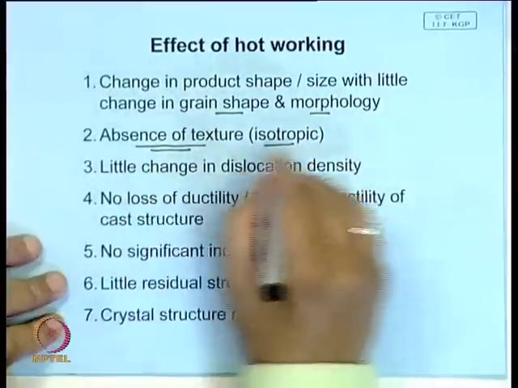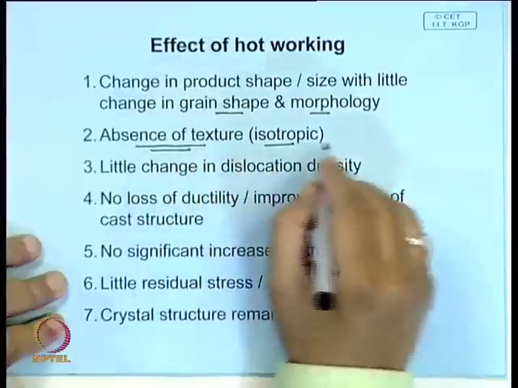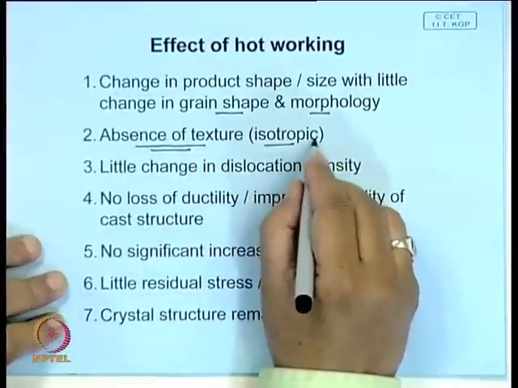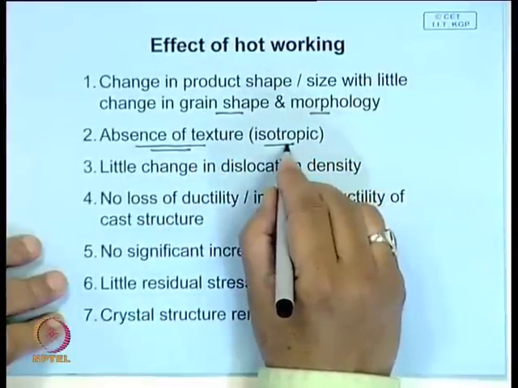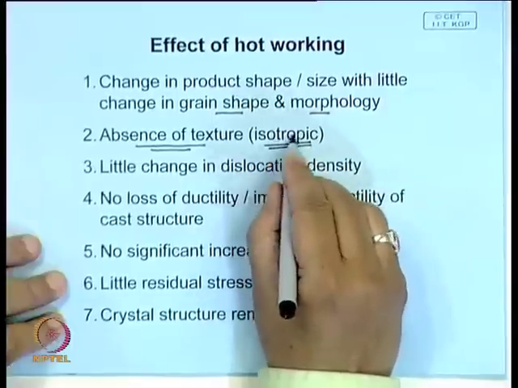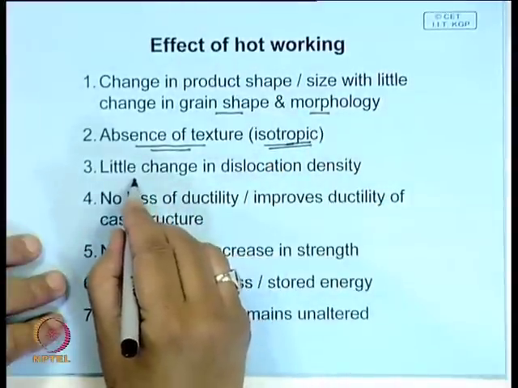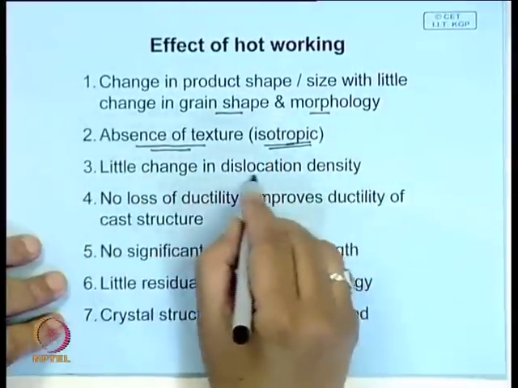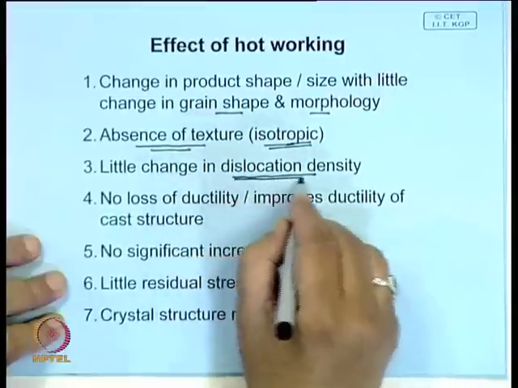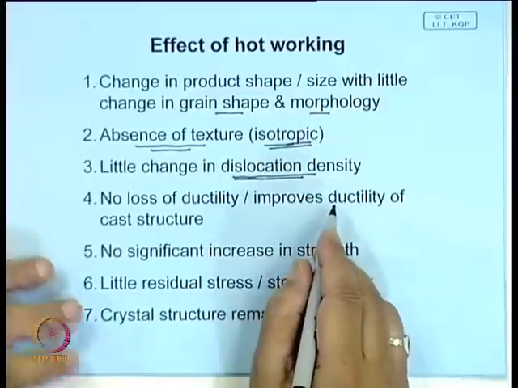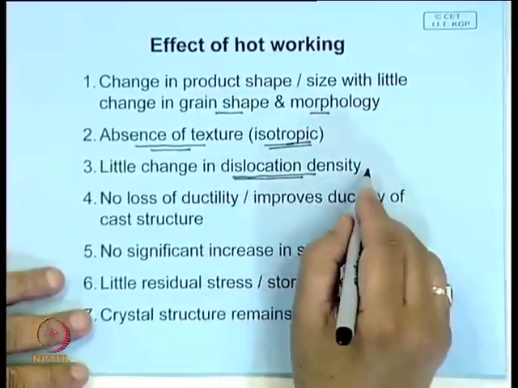that hot working does not lead to development of preferred orientation, and material property in polycrystalline material is isotropic. There is little change in dislocation density, because the entire operation is done at a high temperature, where dislocation mobility is higher.